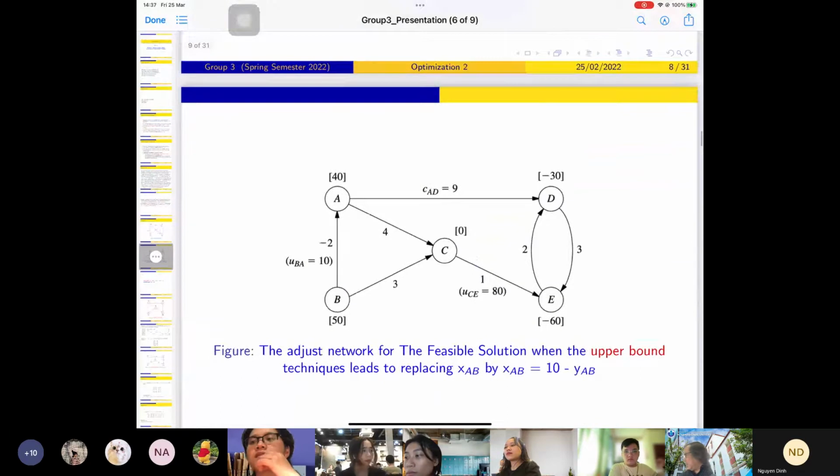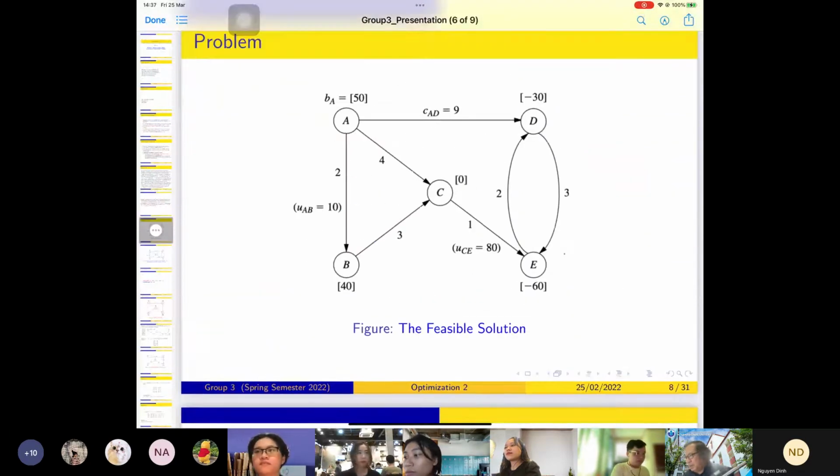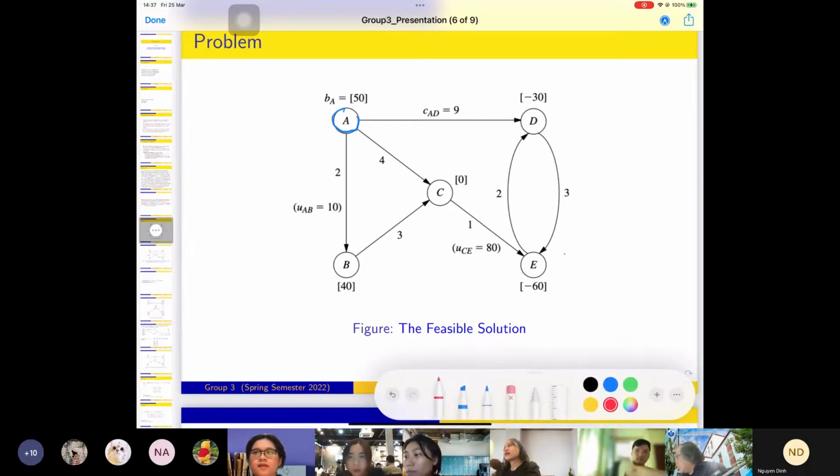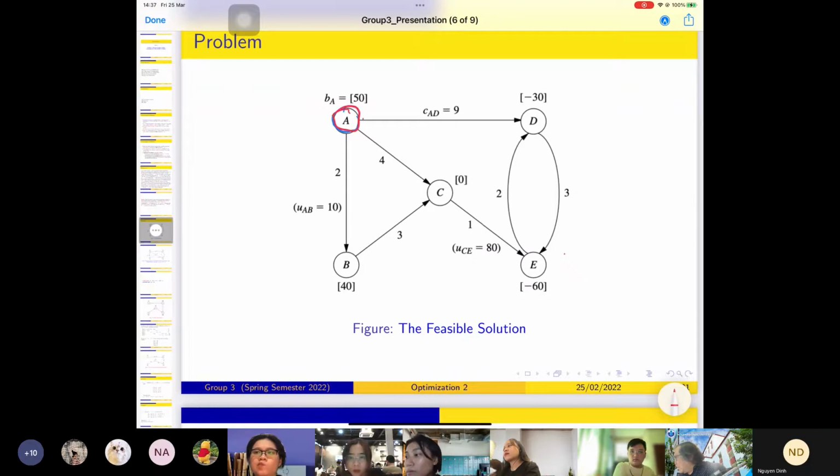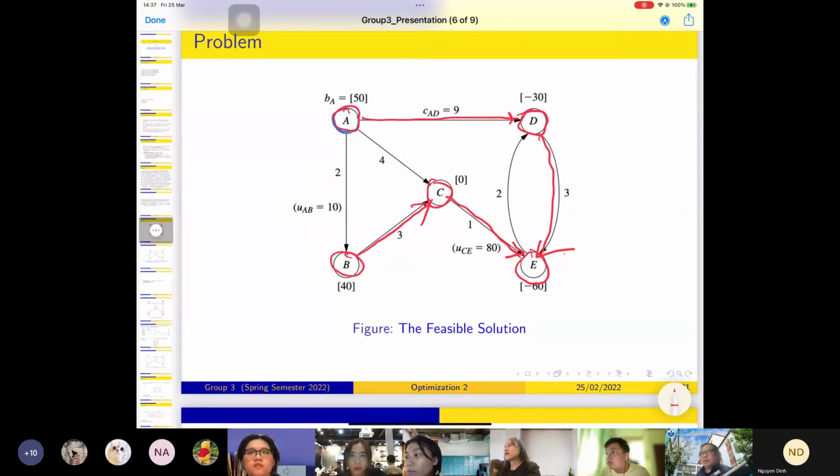This, is that okay? And now you choose like this. I make it in red. So you choose A to D, from D to E here, from C to E like this, and from B like this. This is the initial feasible tree solution you choose.